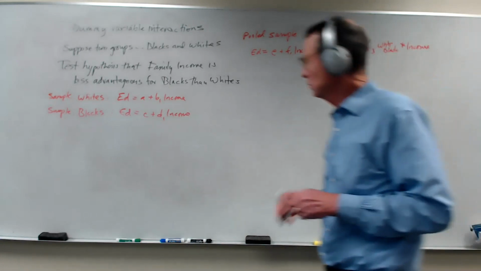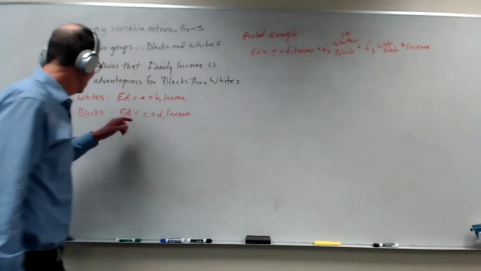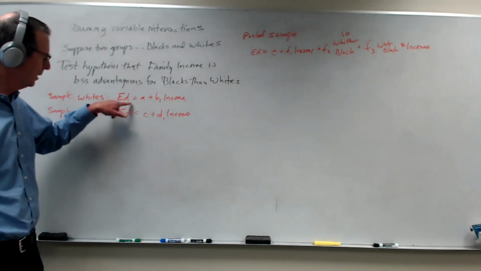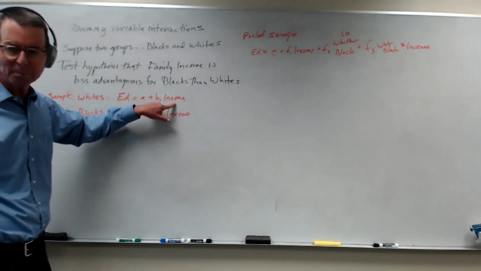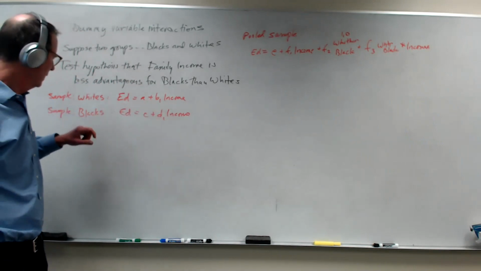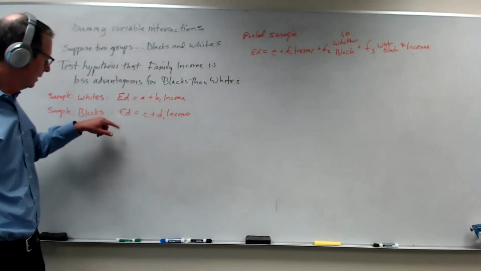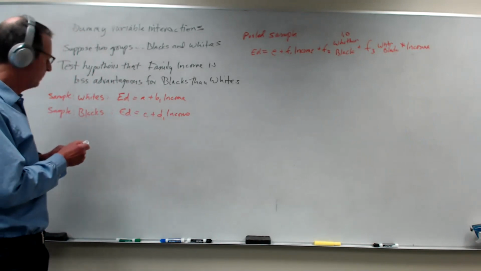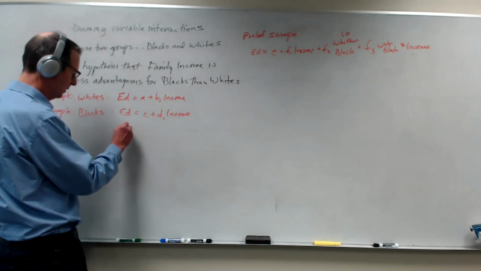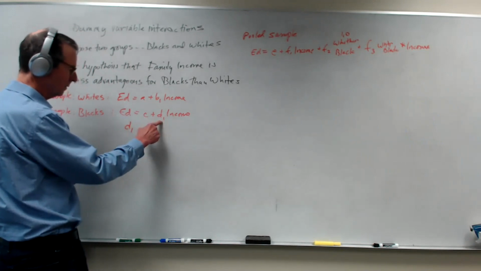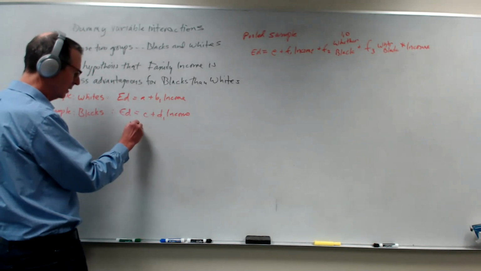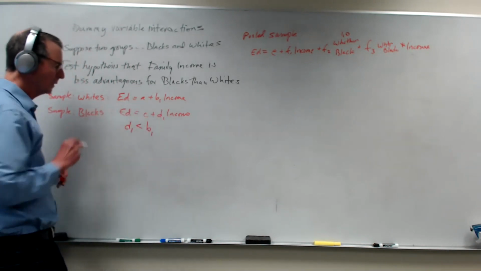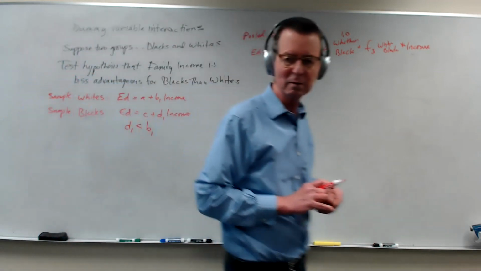That means that if we were to just take whites and run a regression, education as some linear function of income, and just take blacks and run the same regression, education as a linear function of income, the hypothesis is that D1, the effect of income on education, is less than B1, the effect of income on education for whites.